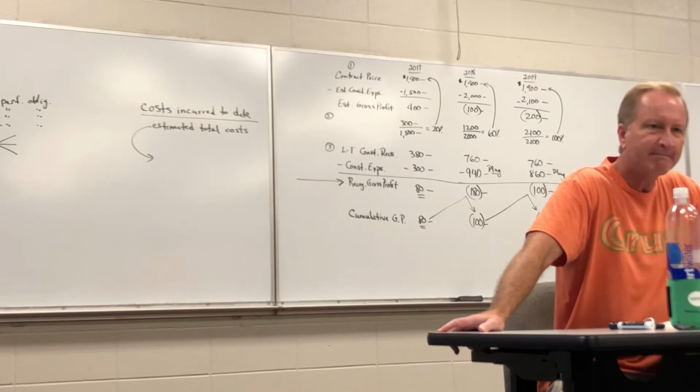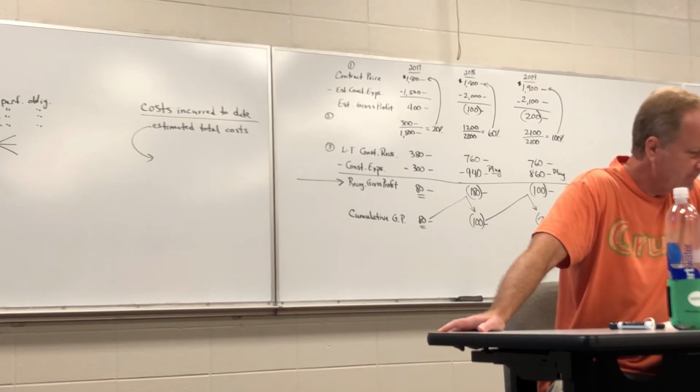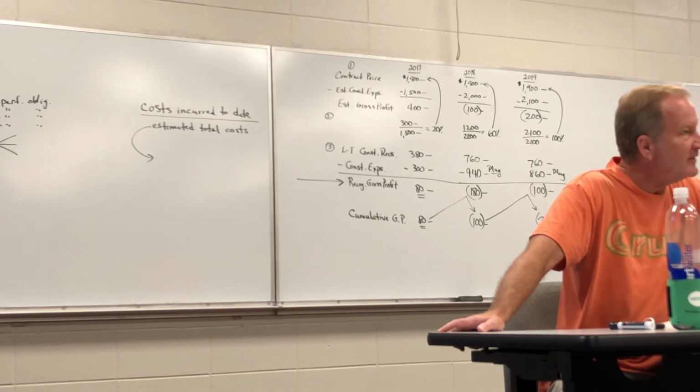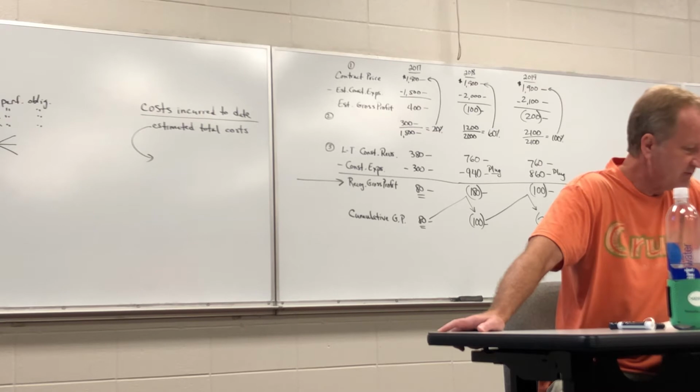All right, everybody there? Let's look at number 14. Frame Construction Company's contract requires the construction of a bridge in 3 years. The expected total cost of the bridge is $2 million, and Frame will receive $2.5 million. So there's your overall contract status. $2.5 million is the price, minus $2 million, we think we're going to make $500,000 on the contract.